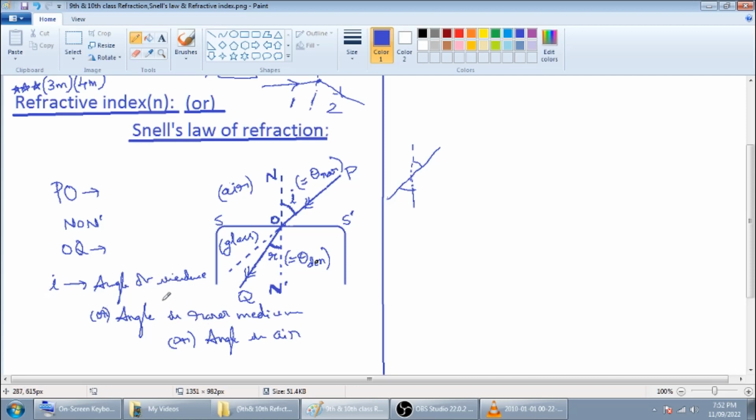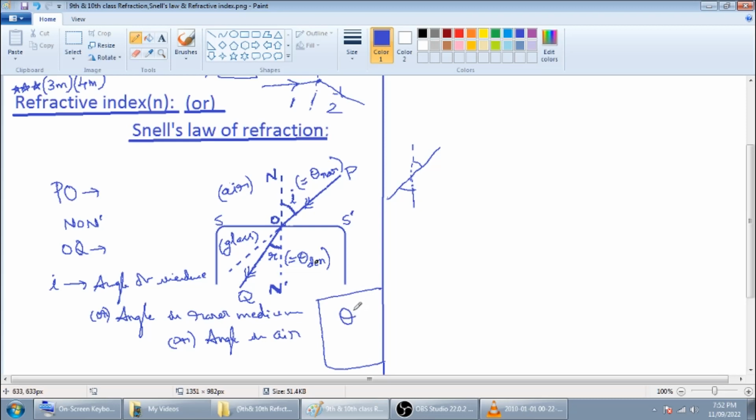Though I comes from the word incidence, most of the textbooks don't use it as angle of incidence. It is simply called the angle in the rarer medium. Now the general symbol for any angle is theta. Angle means it can have different values.